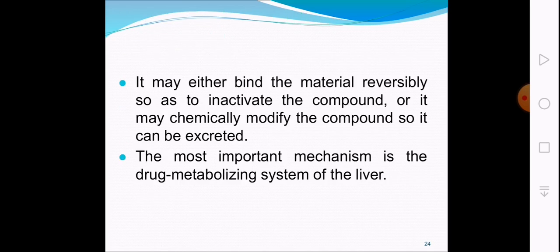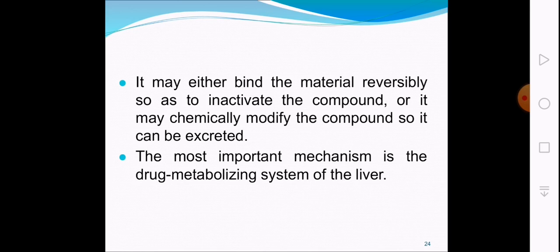It may either bind the material reversibly so as to inactivate the compound, or it may chemically modify the compound so it can be excreted. يعني two mechanisms اللي بتقوم بيهم الليفر either تعمل لنا عمليه بتاعت binding with other molecules، يعني بتجيب مركب بتضيفه ليه السبستانس التوكسيك ده ويبقى inactive، او يحصل لها some sort of modification، يعني بيغير في الاستراكشر بتاع السبستانس عشان يتحول من توكسيك يبقى less toxic substance.